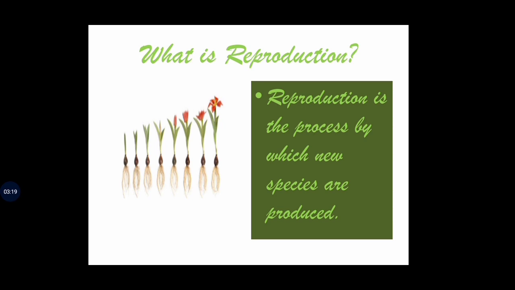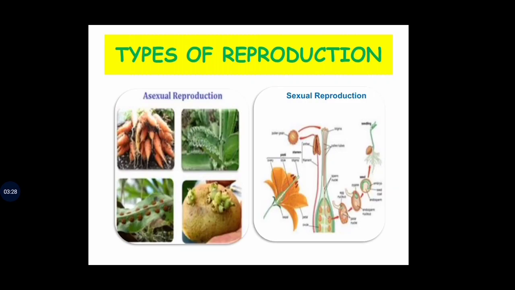So how do the plants reproduce? Plant reproduction is performed by flowers. There are two kinds of reproduction in plants. Those are asexual reproduction and sexual reproduction.